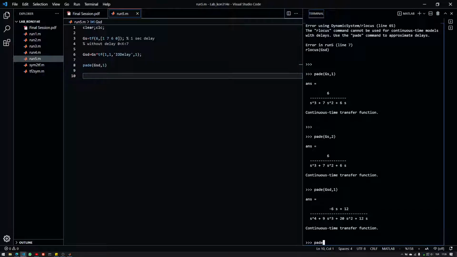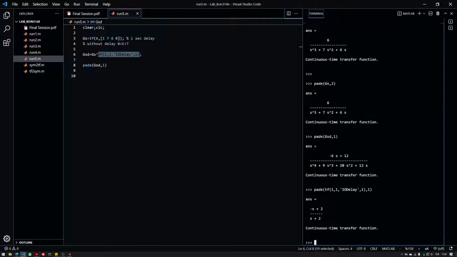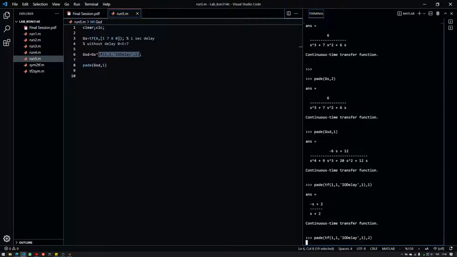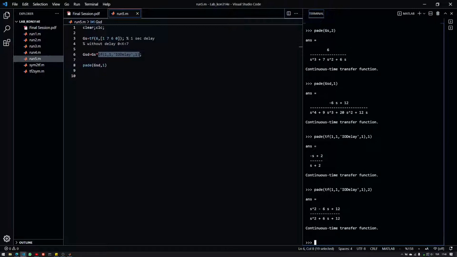If we have the Padé approximation of this IO delay, which is only the delay part, and the first order, we can see that it places a zero in the right half plane and a pole in the left half plane, and they are symmetric. If we increase it, it'll use the same polynomial with different signs, which indicates that both of the zeros are on the right half plane and these are on the left half plane. So this goes on and on.